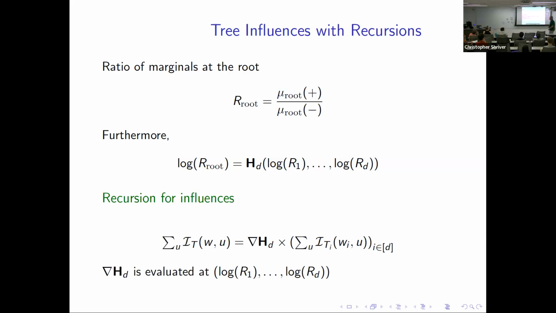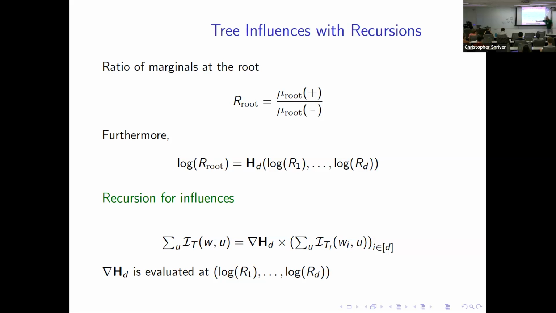And then you can argue that the total influence of a vertex W to all the vertices in the graph G is given by this expression. We take the gradient of h, inner product with the influence for each subtree, from the root of each subtree to the vertices in that subtree. For subtree I, what is the influence the root has to the rest of the vertices?